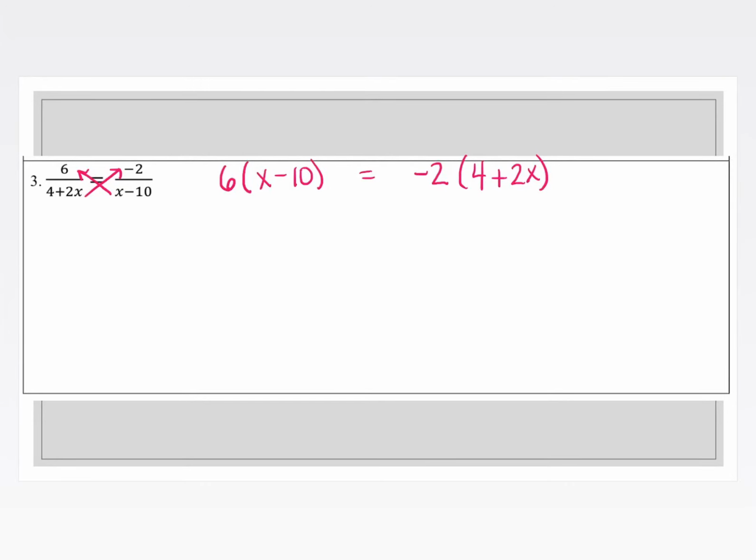I like to write those afterwards just because visually for me, it's easier to see when I have to apply the distributive property. I could also write it, for example, 4 plus 2x times negative 2. Again, I will still have to apply the distributive property, but just keep in mind that these are equivalent because multiplication is commutative. We can flip the order and still get the same product in the end.